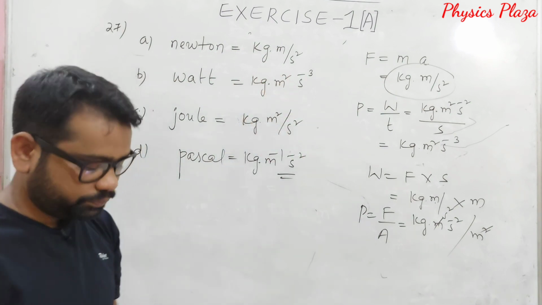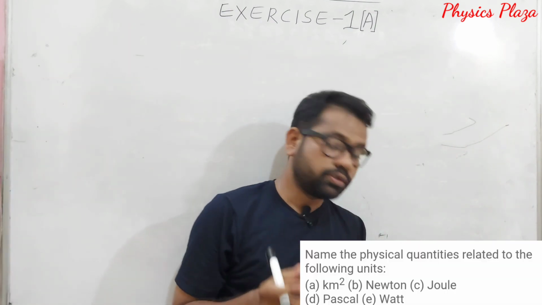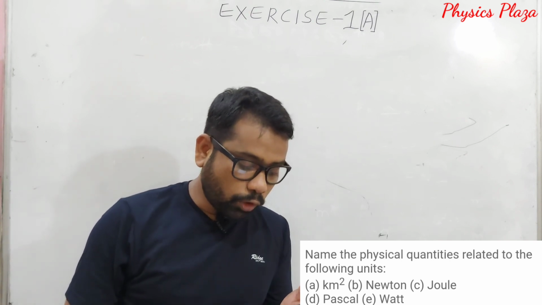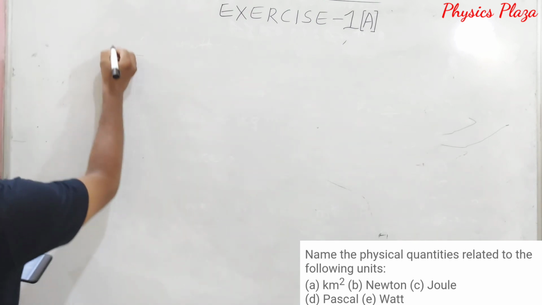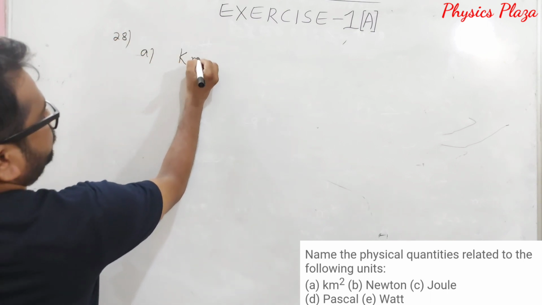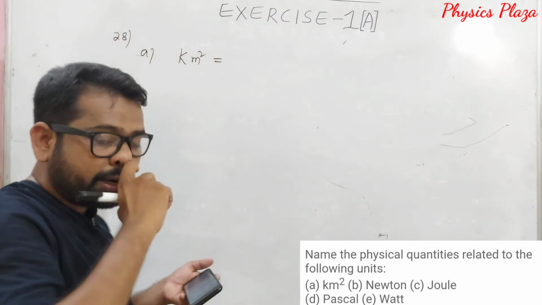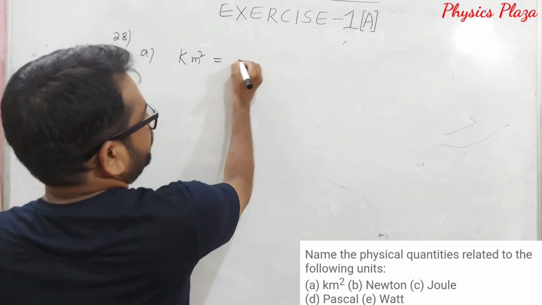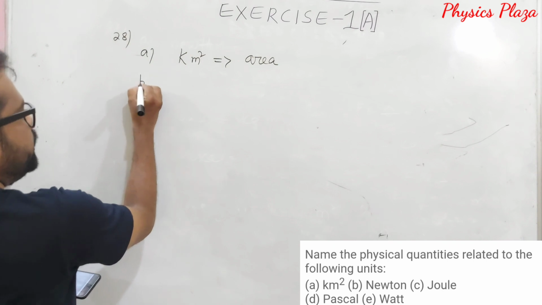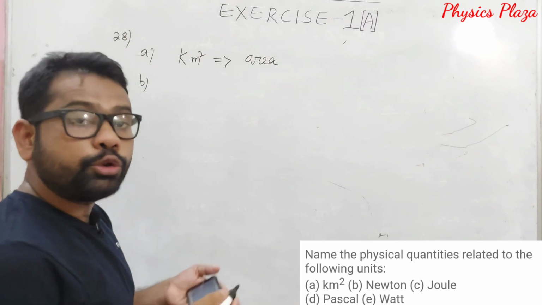Just copy it. Question number 28, it's the last question. Name the physical quantities related to the following units. Question 28A, kilometer square, that is kilometer into kilometer, that is area. No doubt about it. B, Newton.